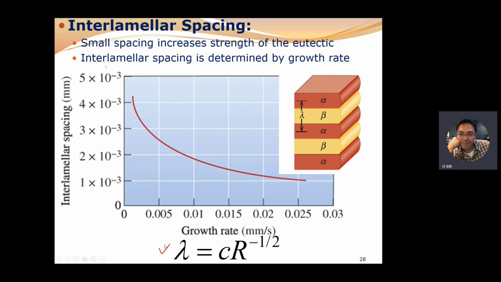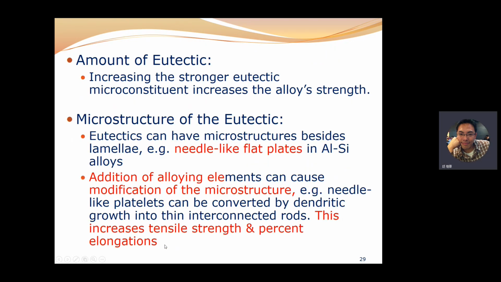That can make the interlamellar spacing get smaller and smaller. So increasing the amount of the stronger eutectic microconstituent increases the alloy strength, right? That's what we already mentioned, that the eutectic reaction improves this dispersion strengthening.